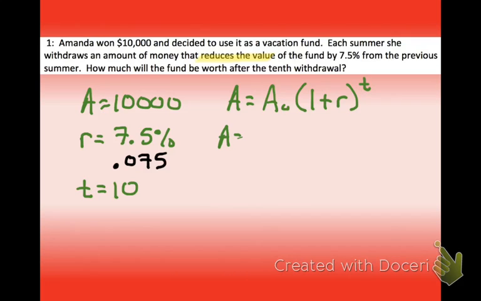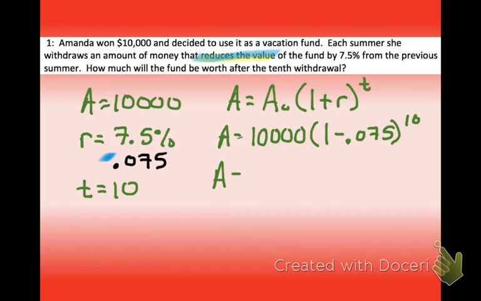So that means our initial amount is 10,000 times 1. Now it's important that it says reduces the value. That means that this is actually going to be a negative down here. So we're going to have minus 0.075 raised to the 10th power.